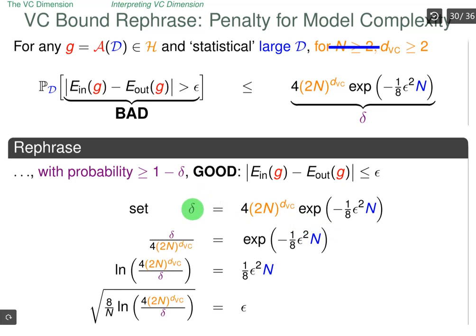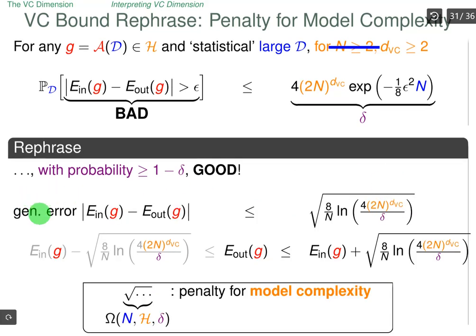If you set delta to be the following term, we can solve for epsilon. So we do some simple rearrangement. This goes here in the numerator, and then with the exponential, if we take the natural log of both sides, we can derive epsilon, which will be equal to the following term.